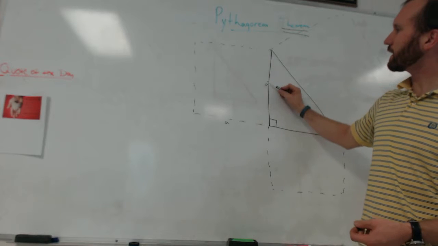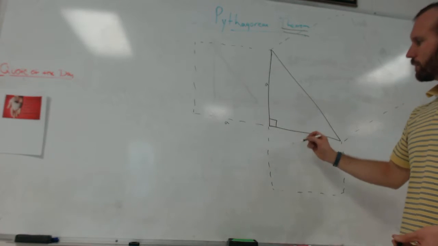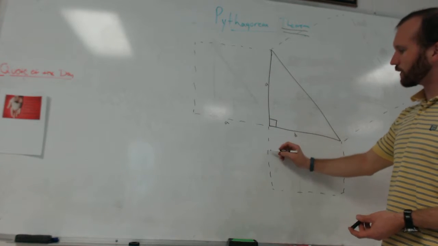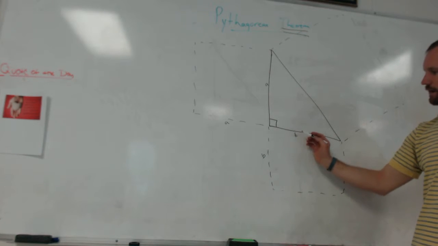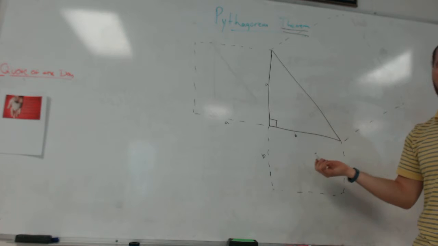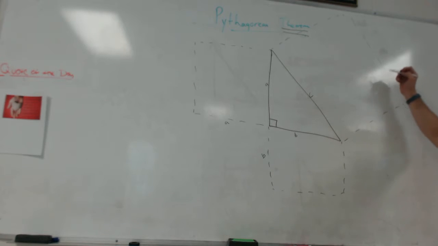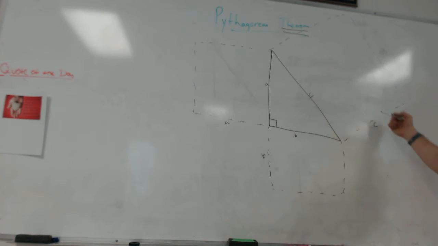Because then the area of that is a times a. B squared means a square where both sides have a length of b. So the area is b times b, which is b squared. And c squared is a square with all four sides equal to c. And the area is c times c, or c squared.